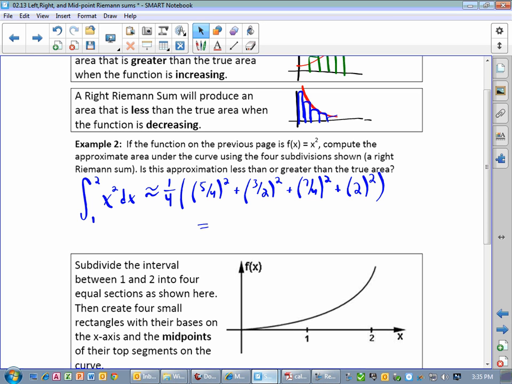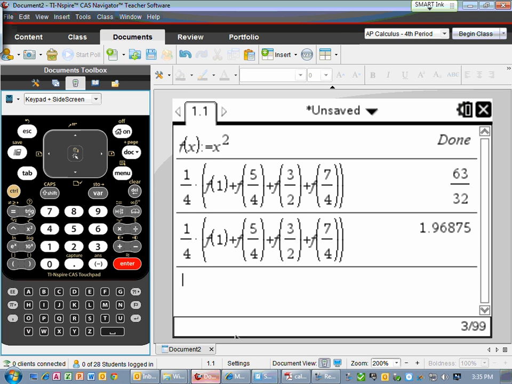And so again, since we already defined our function, we don't have to do a whole lot here. We just have to type that in. We type in 1/4, and we already have f of x defined, so we can just type in f of 5/4 plus f of 3/2 plus f of 7/4 plus f of 2.